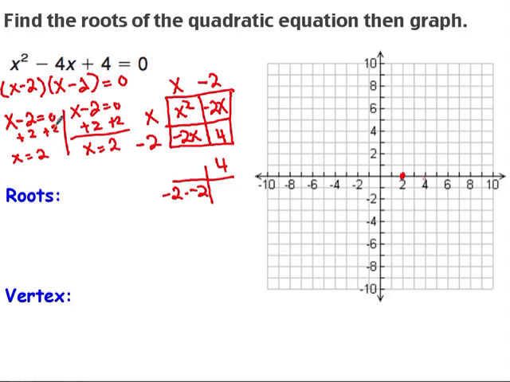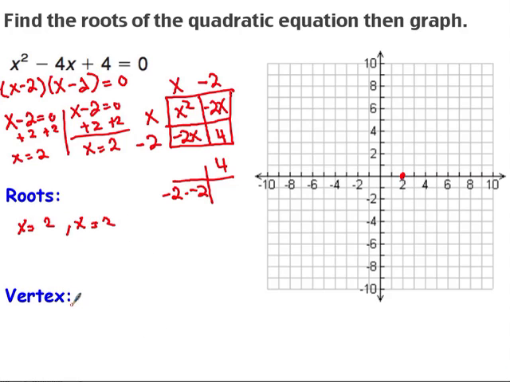And remember, we talked about this in section 1, that you could have 3 types of quadratic equations. You have one with no solution, one with 2 solutions, and one with just 1 solution. And this is a type that has only 1 solution. So the roots here are x equals 2 and x equals 2.